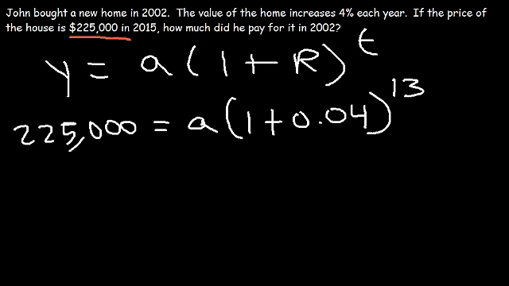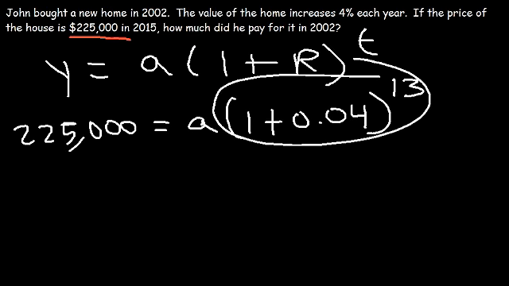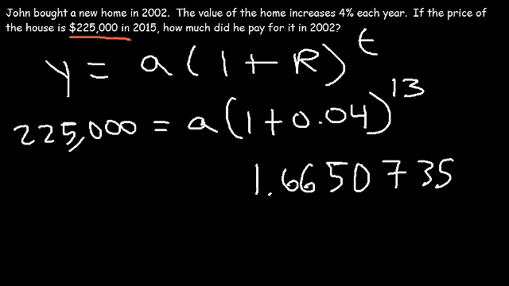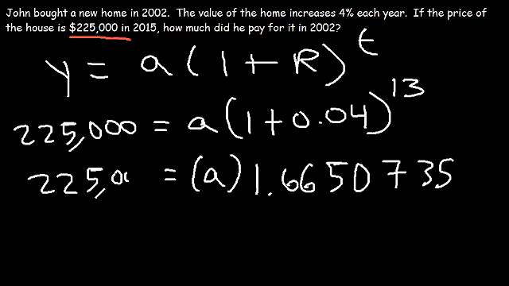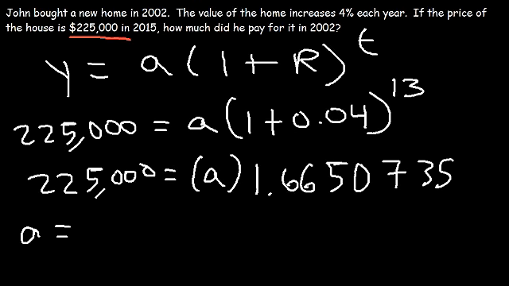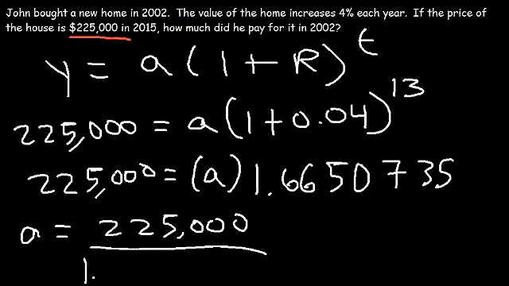So let's find out what this value is equal to first. 1.04 raised to the 13th power is about 1.6650735. So let's divide both sides by this number. So a is equal to 225,000 divided by 1.6650735.